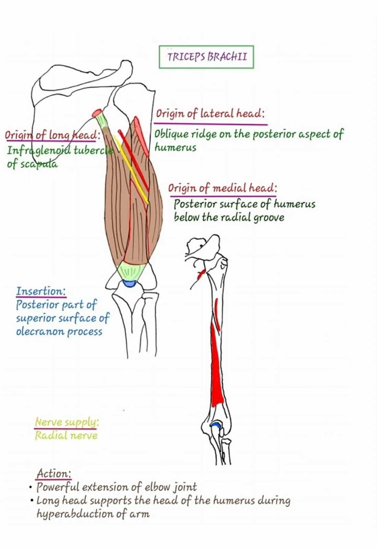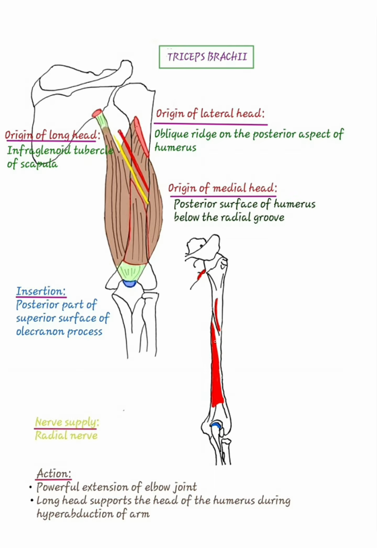The lateral head arises from the oblique ridge on the posterior aspect of the humerus.